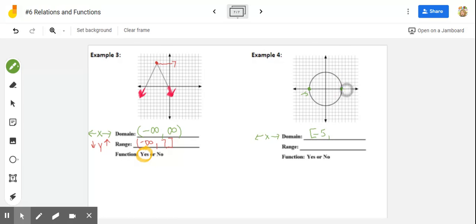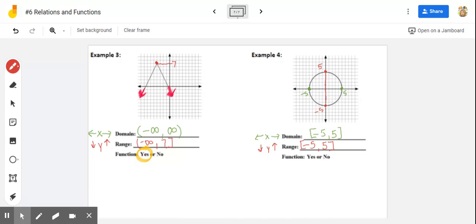It looks like we go to +5, so we're going to bracket that since it's on our function itself. Now it's time to talk about range. How low did we go? It looks like we went down to -5, and that's actually on our circle, so bracket, comma, how far up did we go? We went up until we reached the tippy top, which is actually at 5. So we're going to close that bracket since that is literally the top of our function.